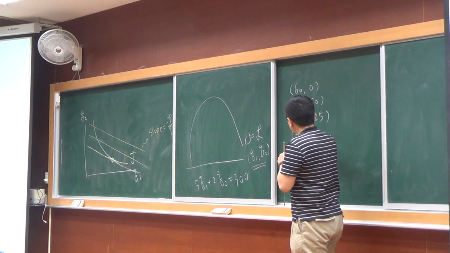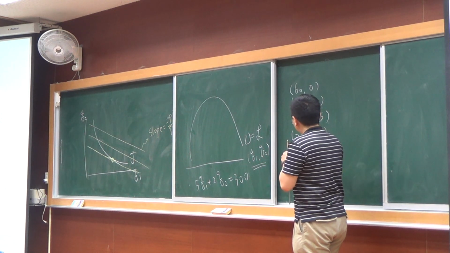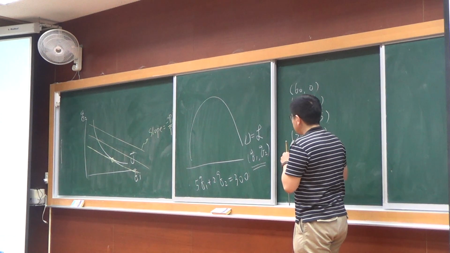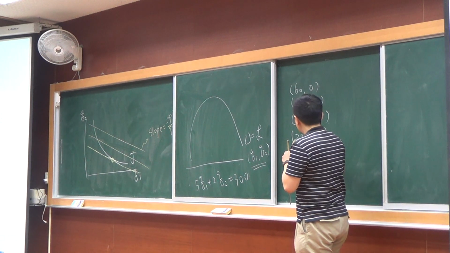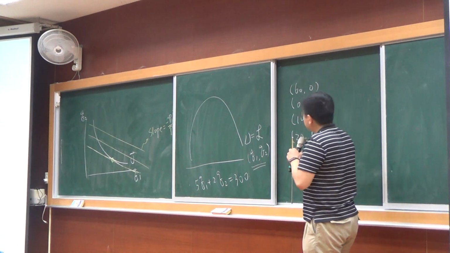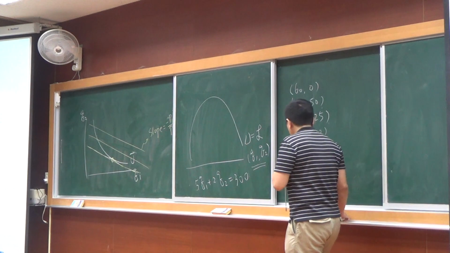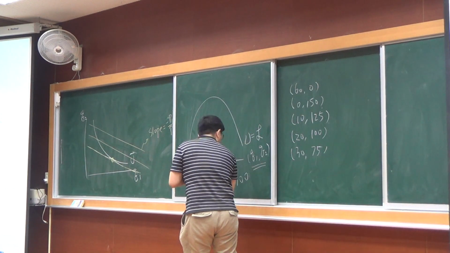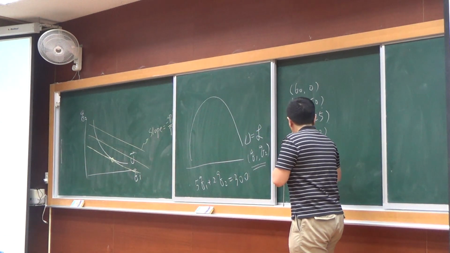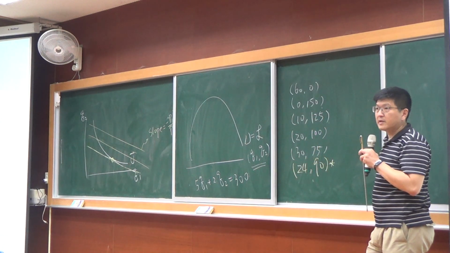Or 20, 100. Or 30, 75. Is that right? You have numerous consumption bundles you may choose. And we know the optimal one is 24, 90, right? This is the optimal one.